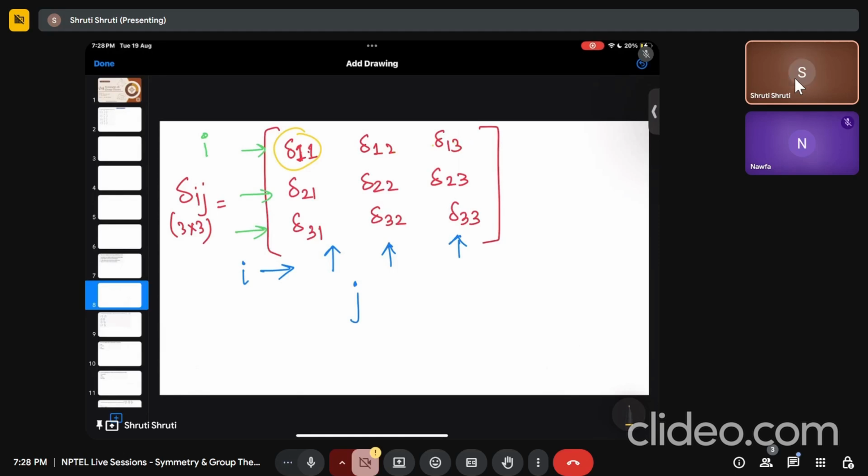Likewise, you will notice the second row second element is this, the third row third column is this. So what are these? These are the principal diagonal elements.